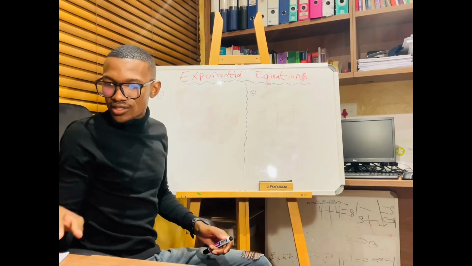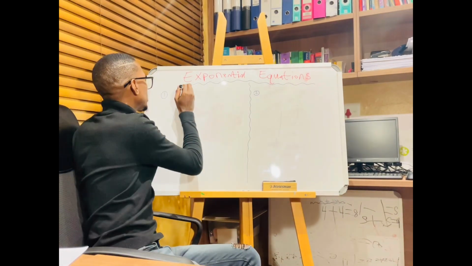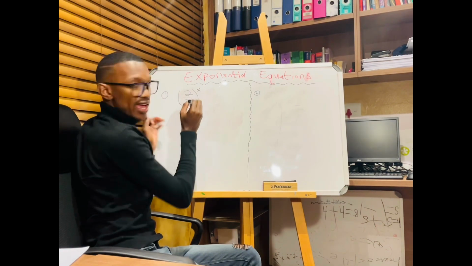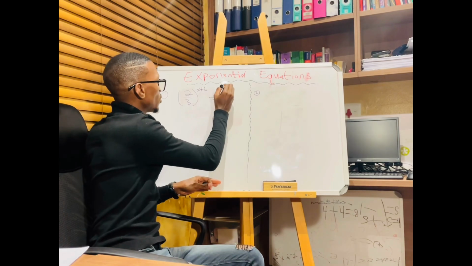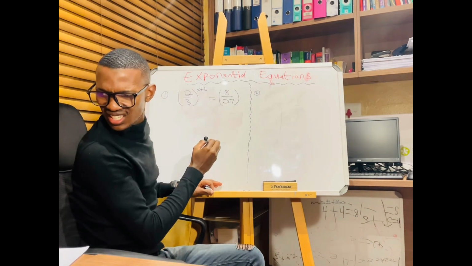Now, check it out. Let me see, which one can I do? Oh, I have this one. It says 2 over 3 all to the power x plus 6 equals 8 over 27 all to the power 3x.